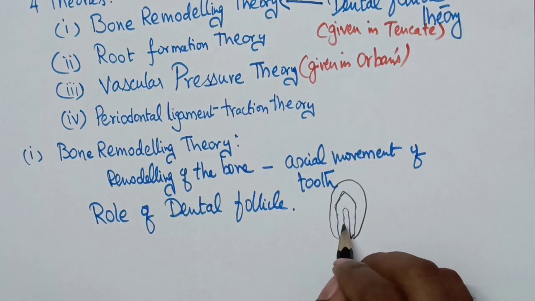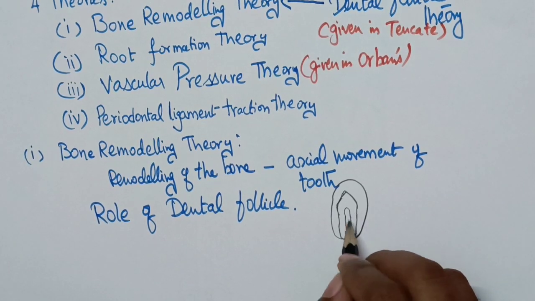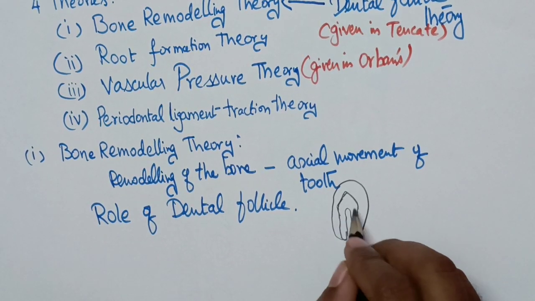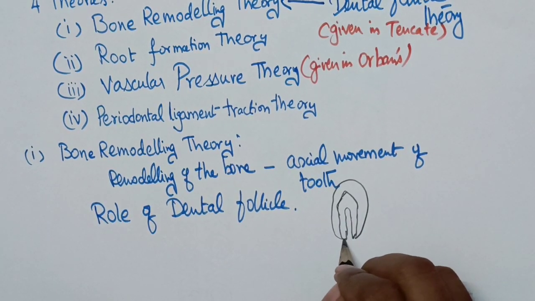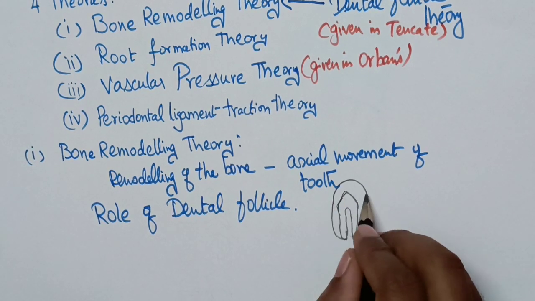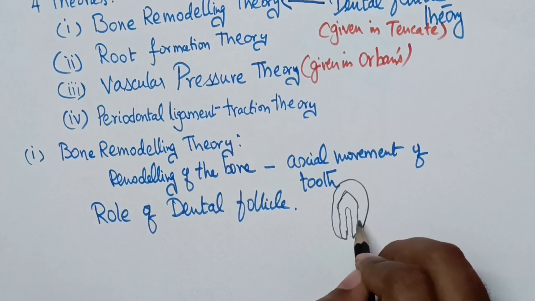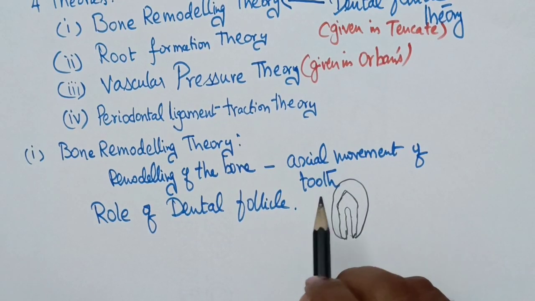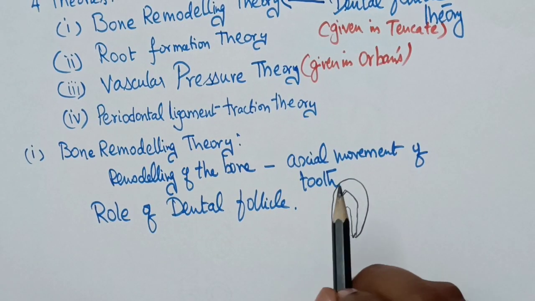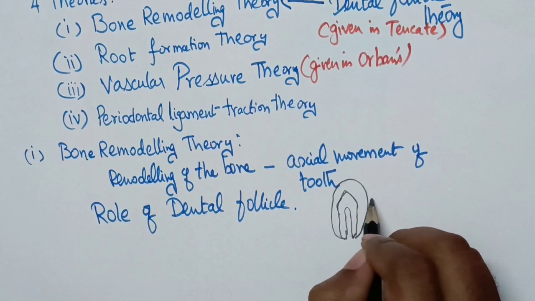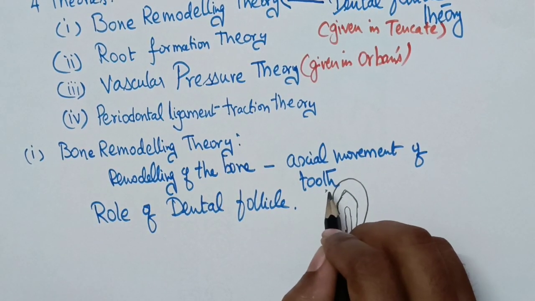I'll just draw a pictorial representation of an erupting or newly forming tooth. There is an open apex surrounded by the dental follicle. This dental follicle is also important in the eruption mechanism, as well as in degradation of the surrounding portions.